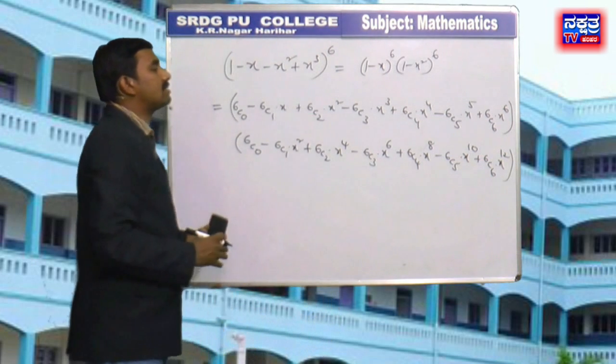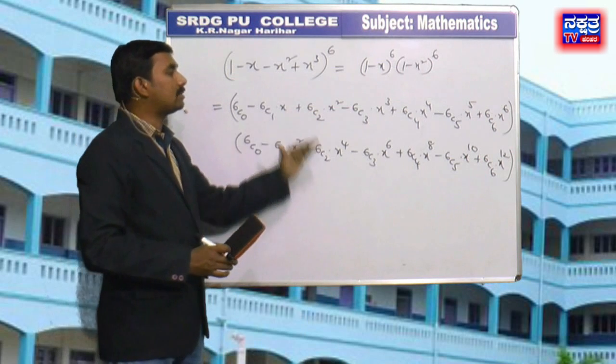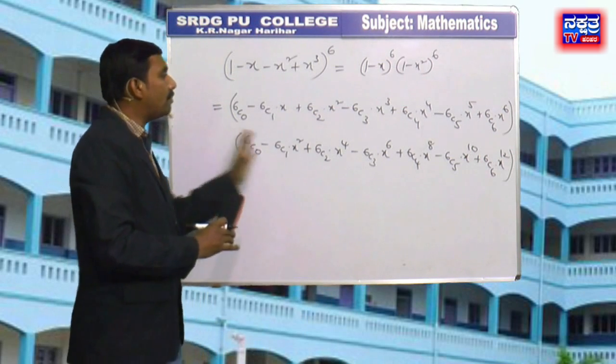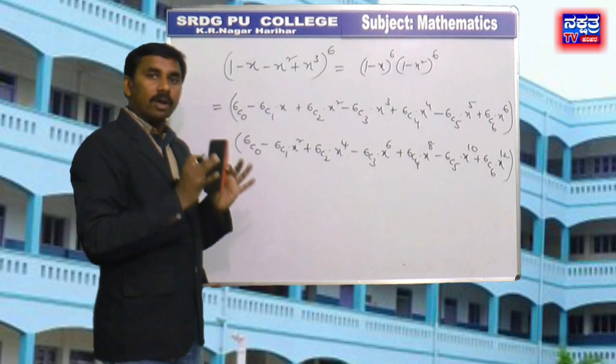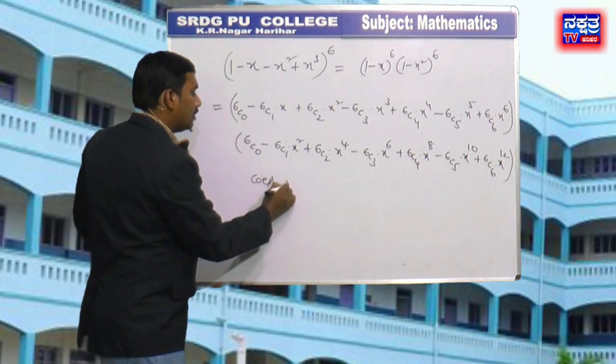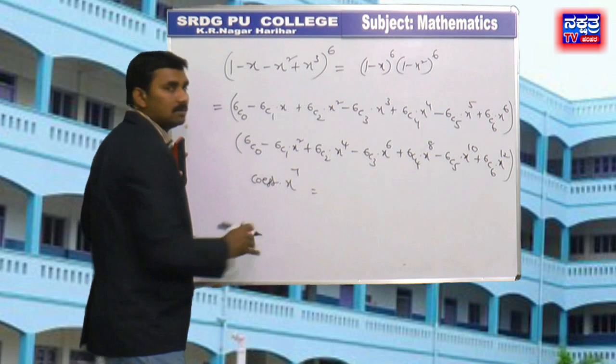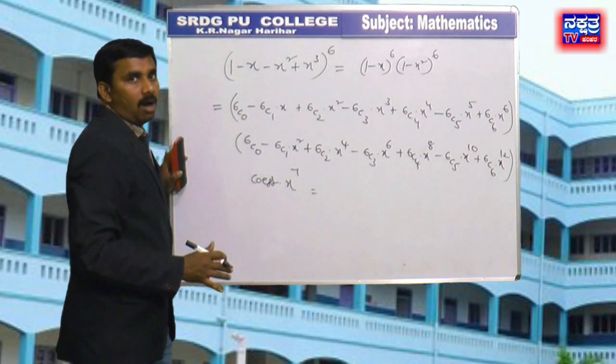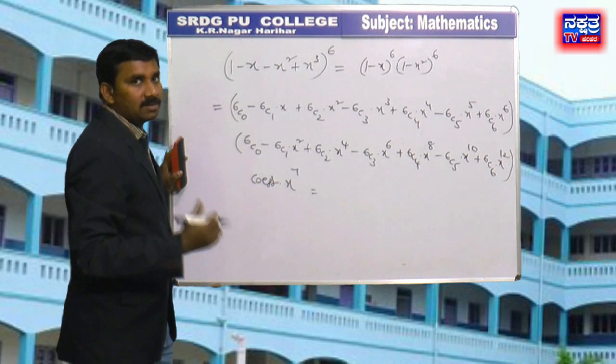So this is the second binomial expansion. The product of these two, in this number of terms will come. So in these terms, the question is coefficient of x power 7. How to get the coefficient of x power 7?